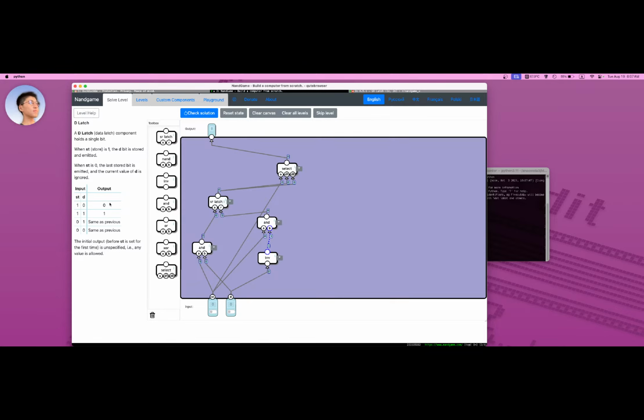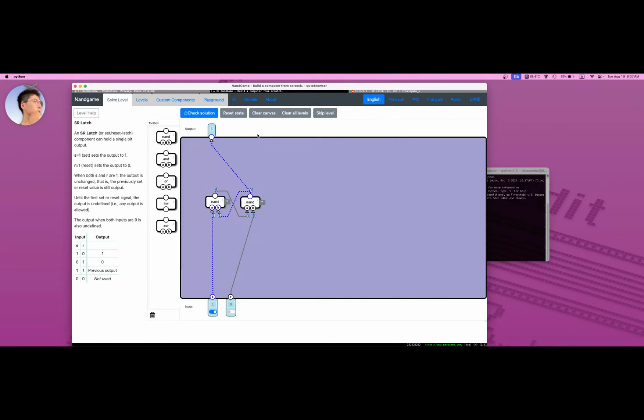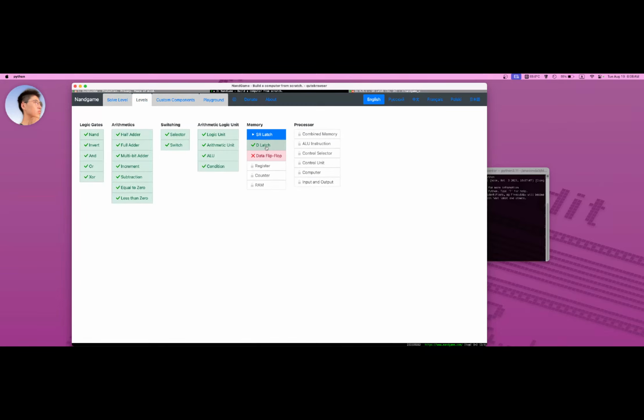So it is another version of the SR latch. In SR latch we also had two inputs, two flags, and one condition was not activated anyway. We only used these three conditions. This was never used. So we did this one, and now we need to solve this one, and this one, and in the end, it's RAM. Okay, let's go.